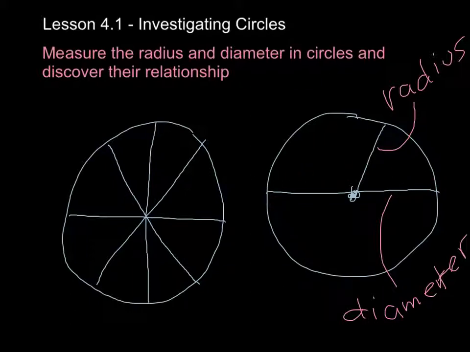So the diameter is 2 times the length of your radius, and the radius is 1/2 the length of your diameter, because we know that the diameter goes all the way across, yet the radius is only from the center point outward. And we're going to start doing some equations with figuring out radius and diameter, but this is just a nice visual representation of how we get those numbers.